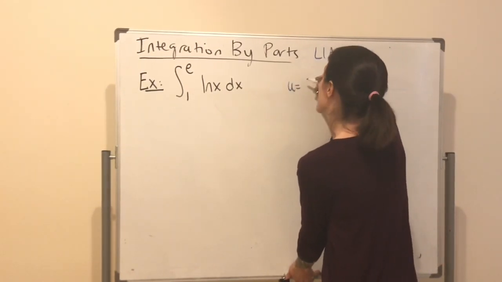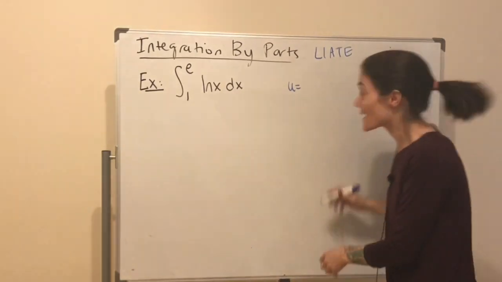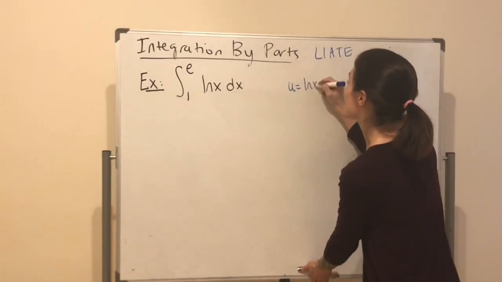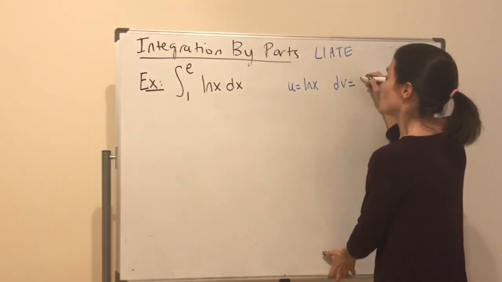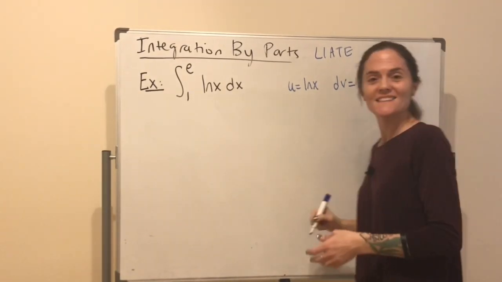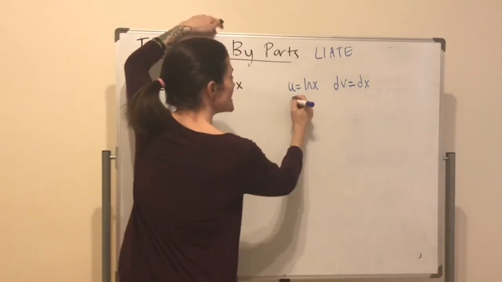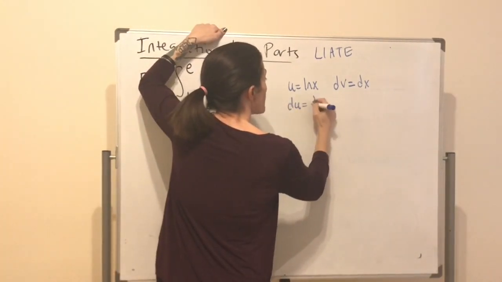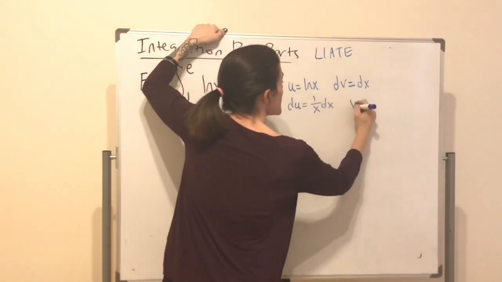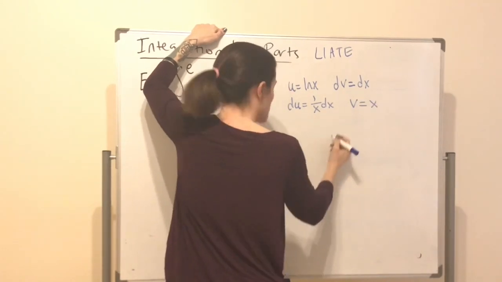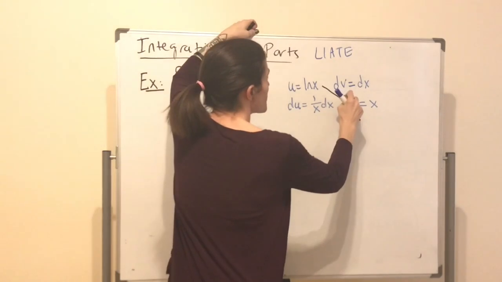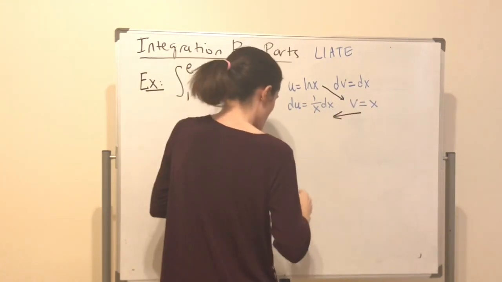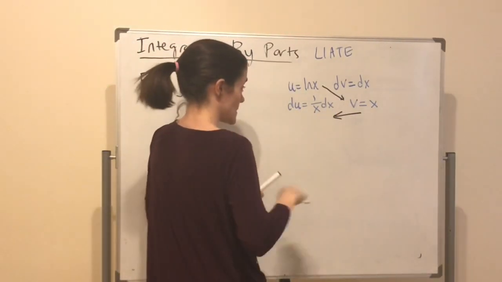Here u is, well, the very first thing, we have a log, ln x. And then dv is everything else, which in this case is just dx. Now differentiate: du is 1 over x dx. Integrate: v is x. And then we have uv minus the integral of v du, like this.